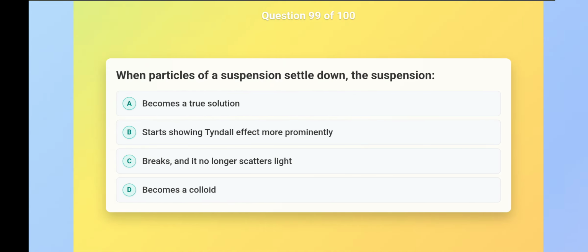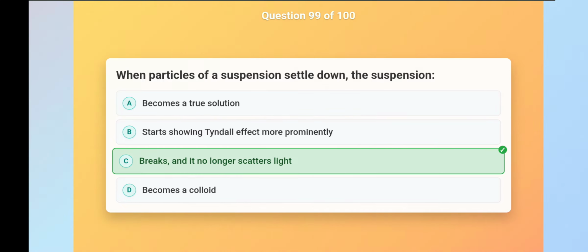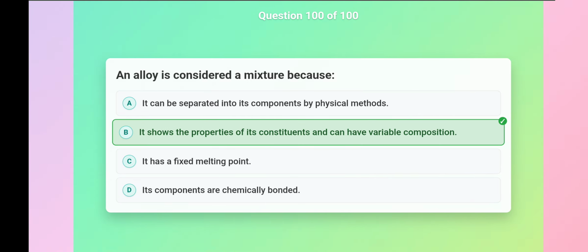When particles of a suspension settle down, the suspension breaks, and it no longer scatters light. An alloy is considered a mixture because it shows the properties of its constituents and can have variable composition.